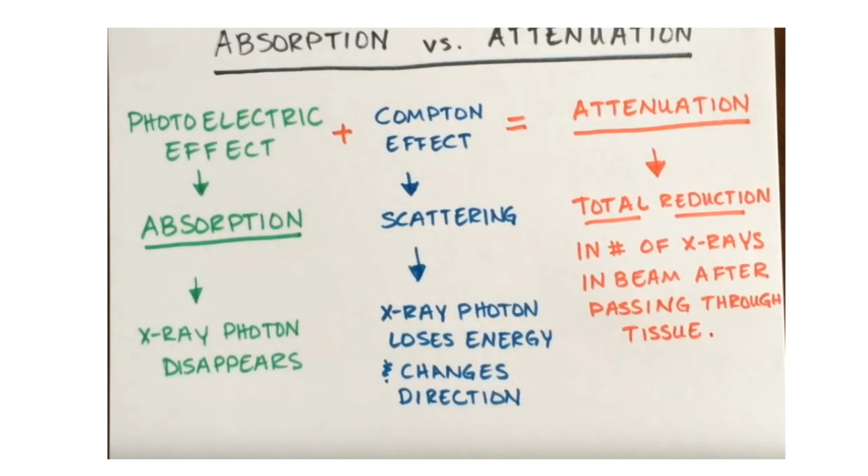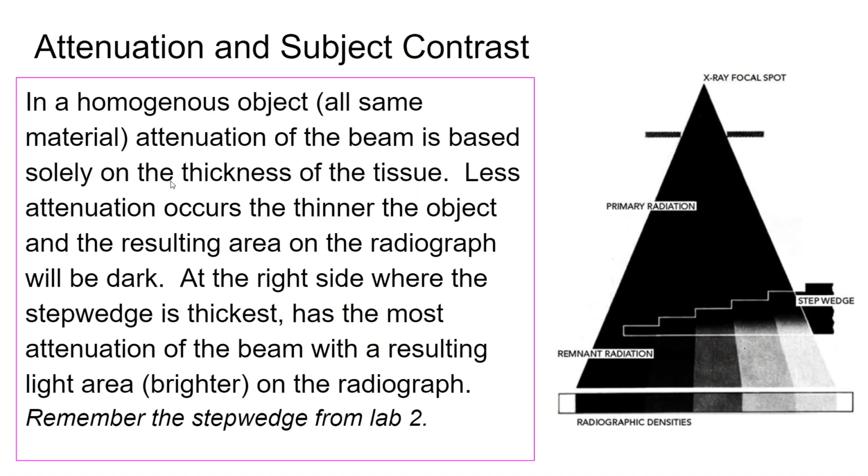Thickness is really easy to understand. That's this slide. We did this in the lab for some of you, right? We took the step wedge, took an X-ray. We don't have to worry about atomic number. The step wedge is made out of the same stuff. It's got the same atomic number, the same density. It's just got different thicknesses.